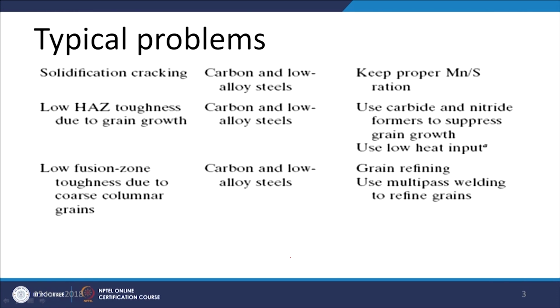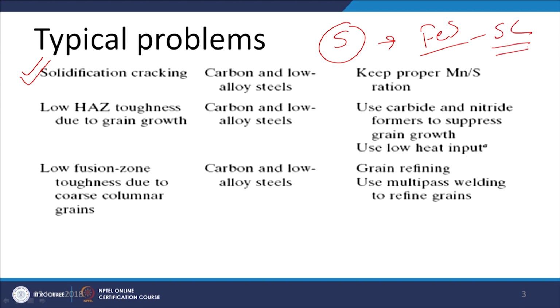Another aspect which governs the weldability of steel is solidification cracking. Most steels have sulfur, which during welding forms iron sulfide and increases the tendency for solidification cracking. So, the addition of manganese is used for controlling the solidification cracking tendency.